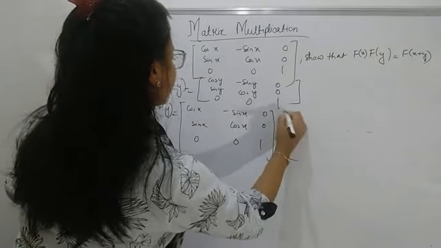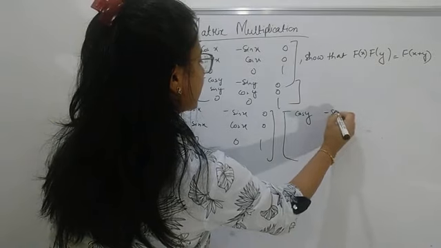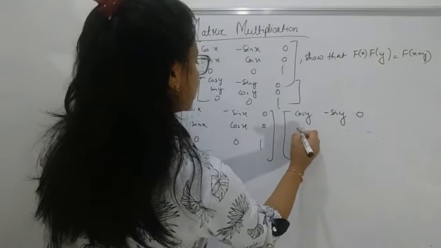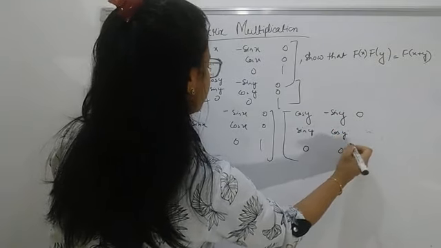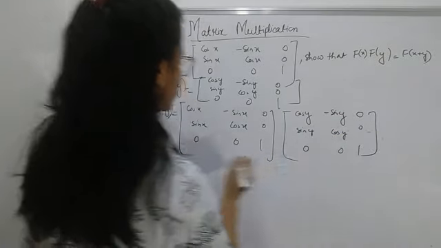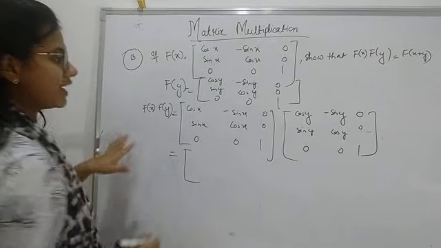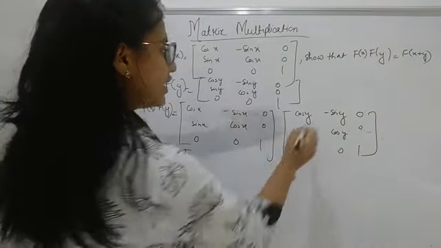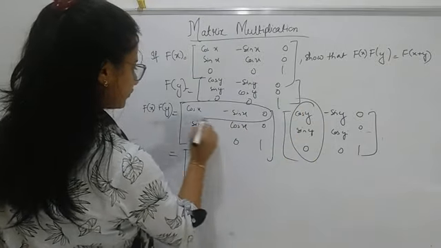And what is f of y? f of y is cos of y, minus sin of y, 0, sin of y, cos of y, 0, 0, 0, 1. So what will be the multiplication of these two matrices? What I have told, first we have to multiply with the first column. So first row with first column.